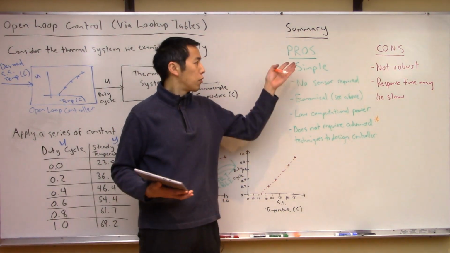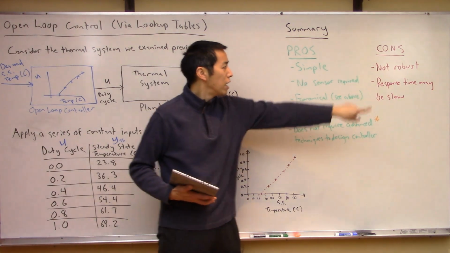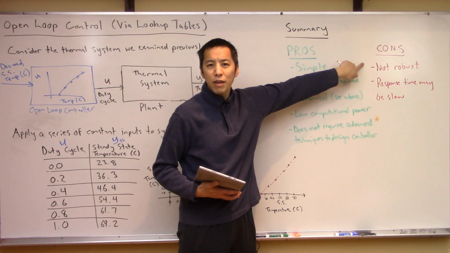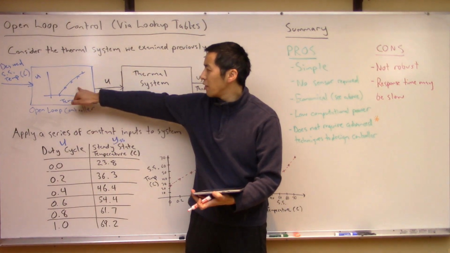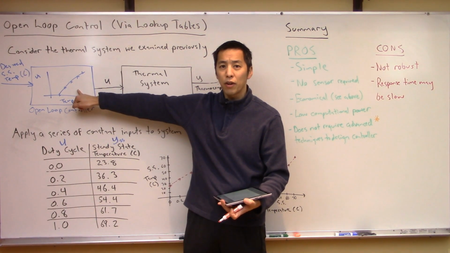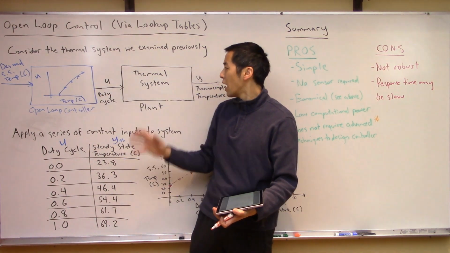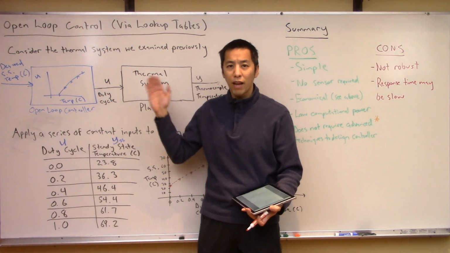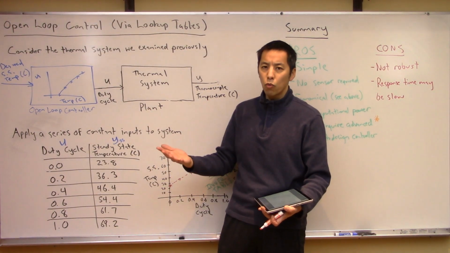Okay, now there are some pros, but there are some big cons of this system. Number one is this system is not robust. We saw that earlier. Because this controller does not change its behavior, it doesn't care what is happening downstream. It does the same thing every time. If anything is wrong here, or if anything is different than how you modeled it or anticipated it, it's not going to work.